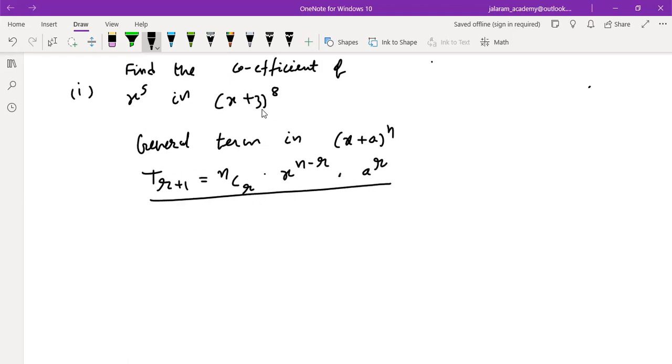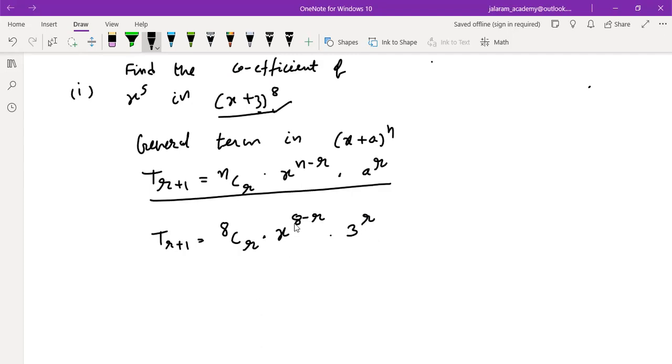So for (x plus 3) to the power 8, we get 8Cr into x to the power 8 minus r into, in place of a, 3 to the power r.